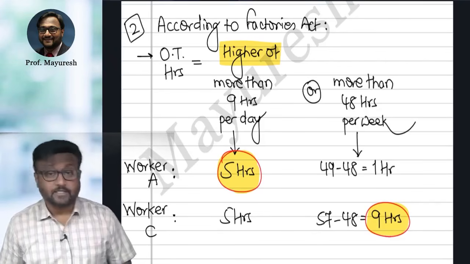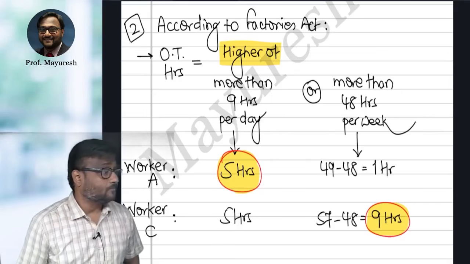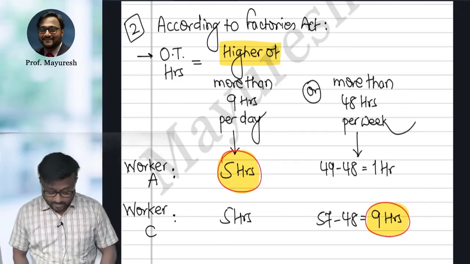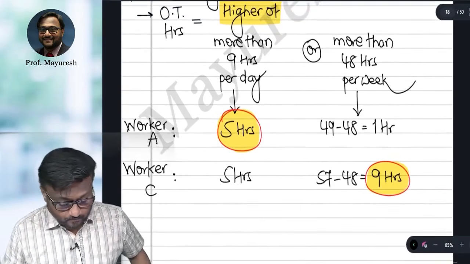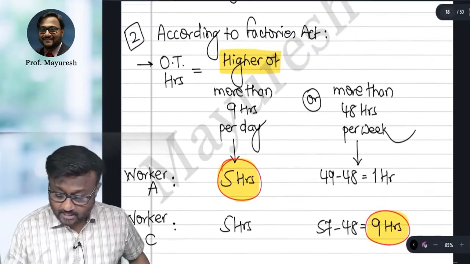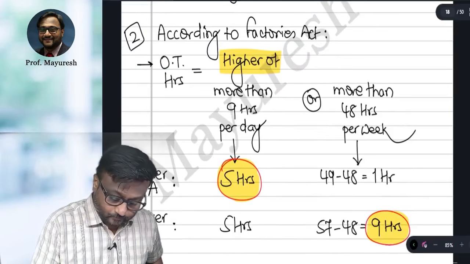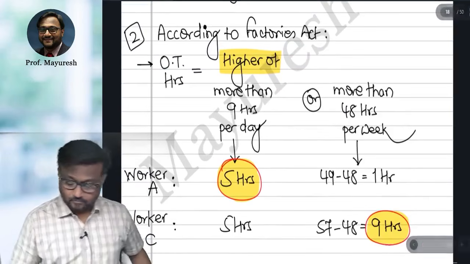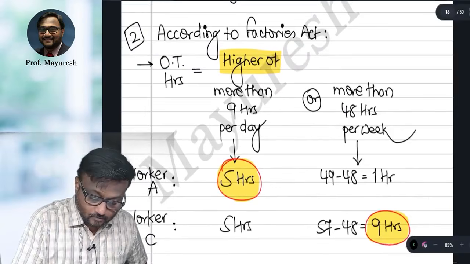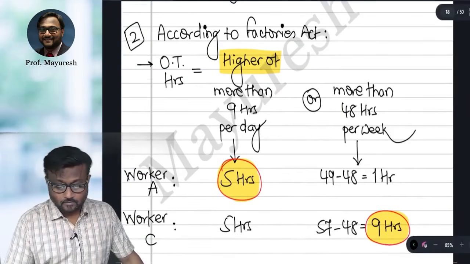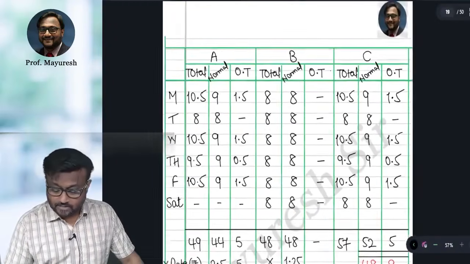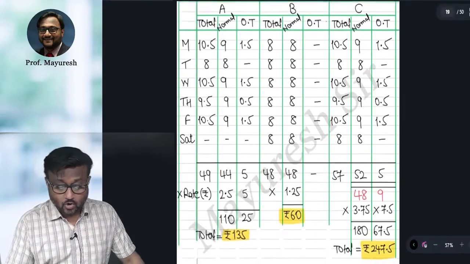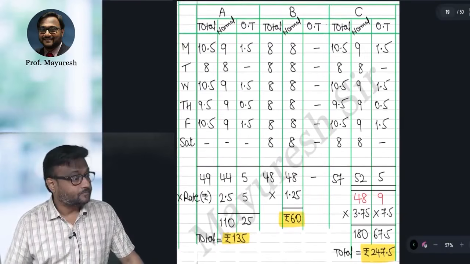But on weekly basis, it is 9 hours. Hence, overtime is 9 hours.